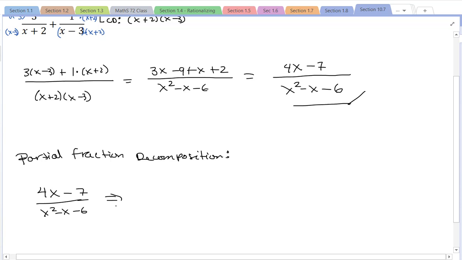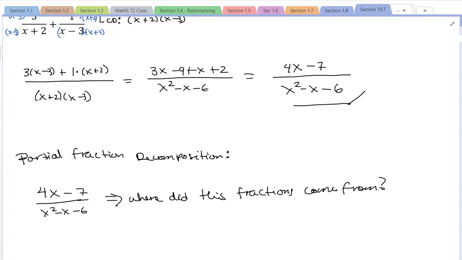So where did this fraction come from? That is what partial fractions is attempting to do. And in order to answer that question, we just did it above.